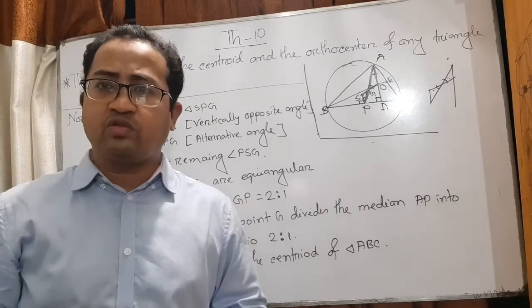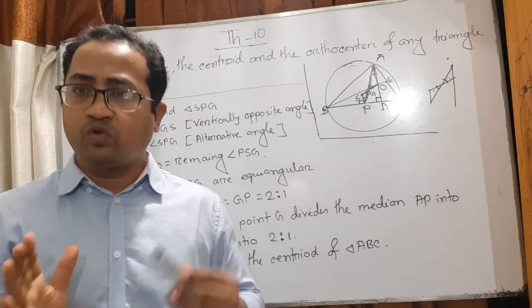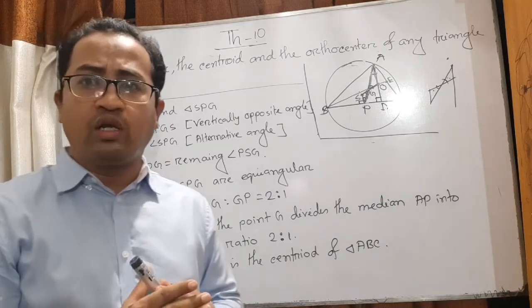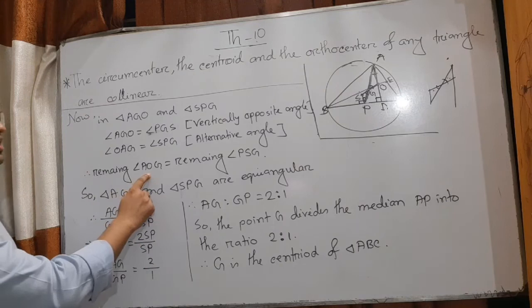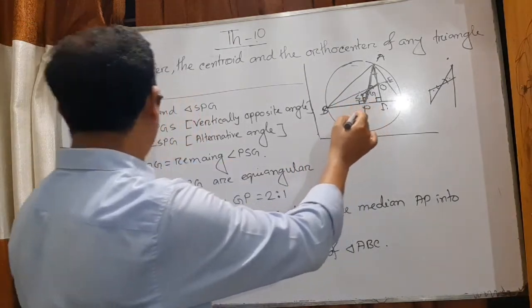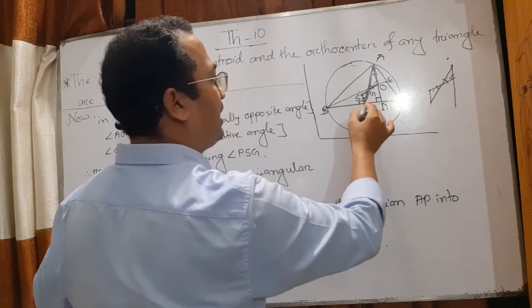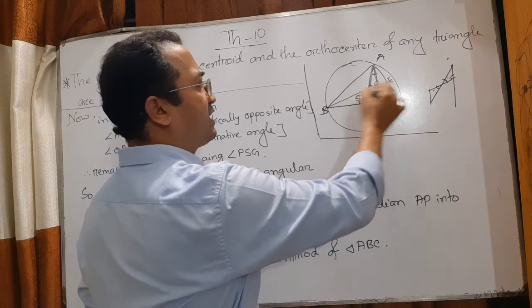Now if two angles of a triangle are equal to two angles of another triangle, the third angle must also be equal. So the remaining angle AOG is equal to the remaining angle PSG.